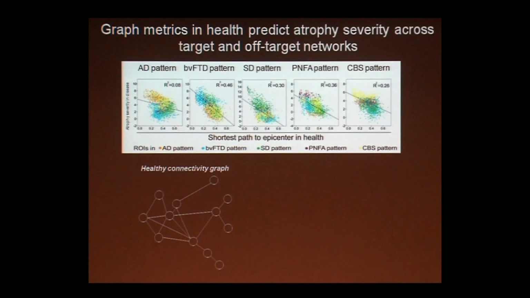And so what we imagine and would like to do going forward is test the idea that if we know where the disease is at time 0, and we follow patients over time at subsequent intervals, we'll be able to know exactly where that disease should go next.